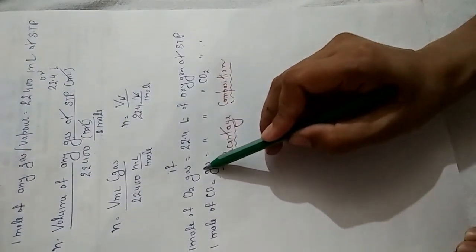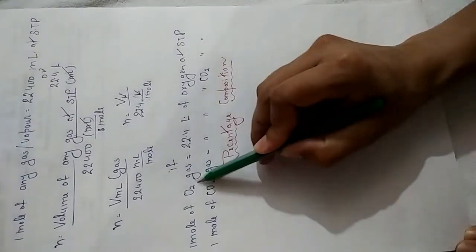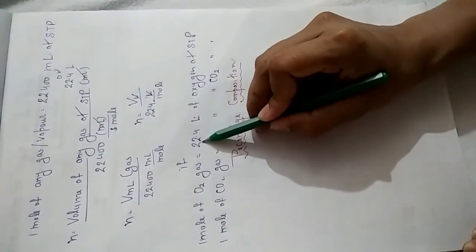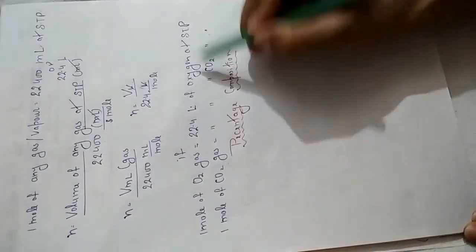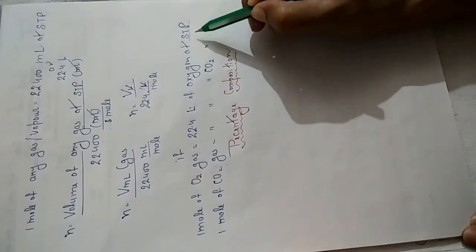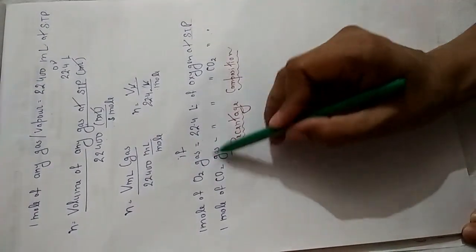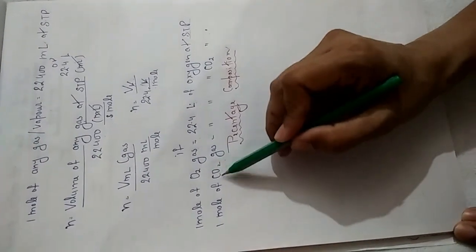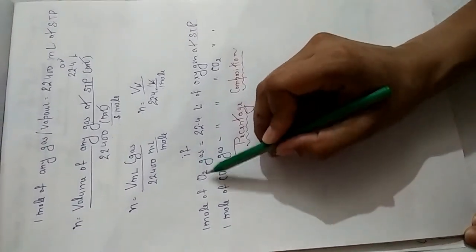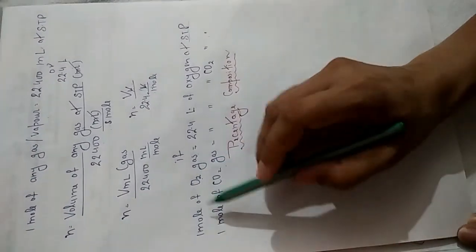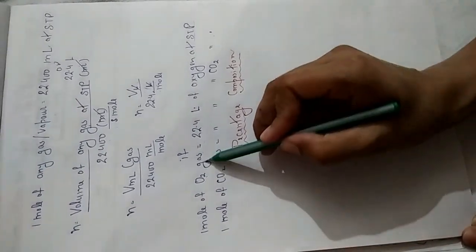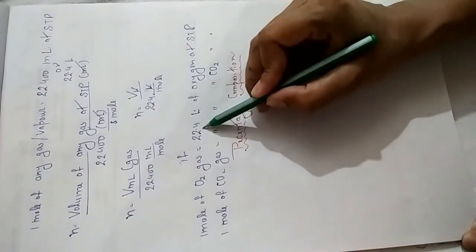So I can say in this way also, 1 mole of O2 gas equals 22.4 liter of oxygen at standard temperature and pressure. Or for any molecular gas like CO2, this is also like O2 gas. Clear? Again I am repeating, 1 mole of O2 gas equals 22.4 liter.